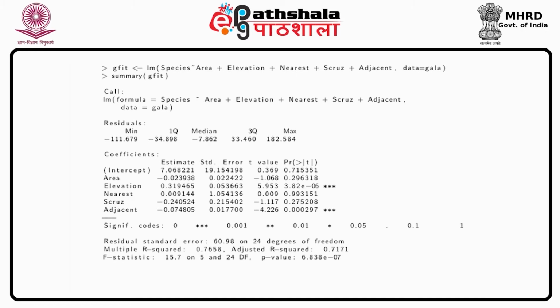Also at the bottom we have the significance codes. If you look at the last column of the output, it's the probability or the p-value corresponding to each of these coefficients. So after the estimates, we have the column which gives us the standard error, then the t-value column, and finally the column for p-values.